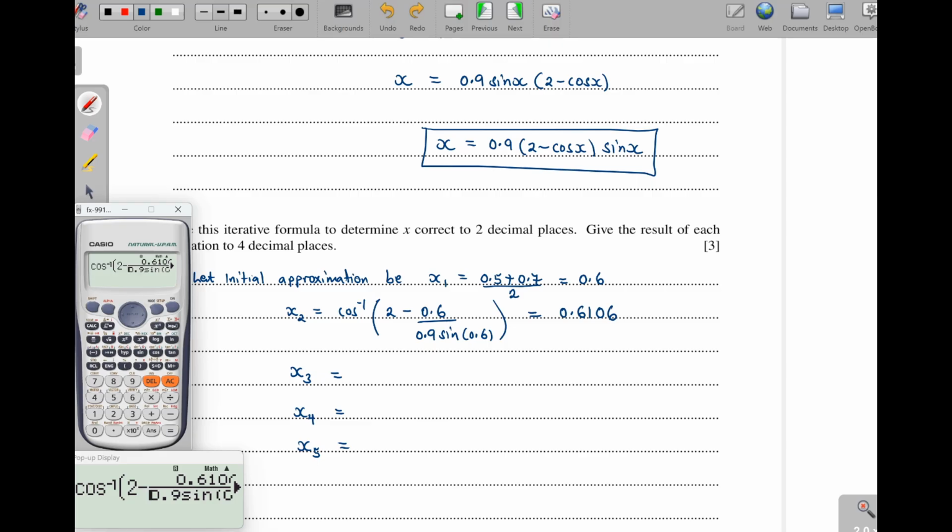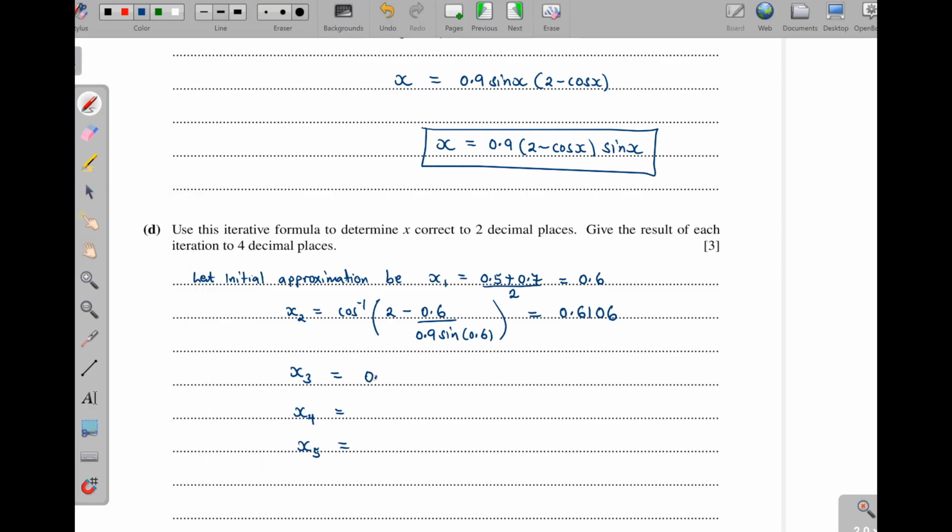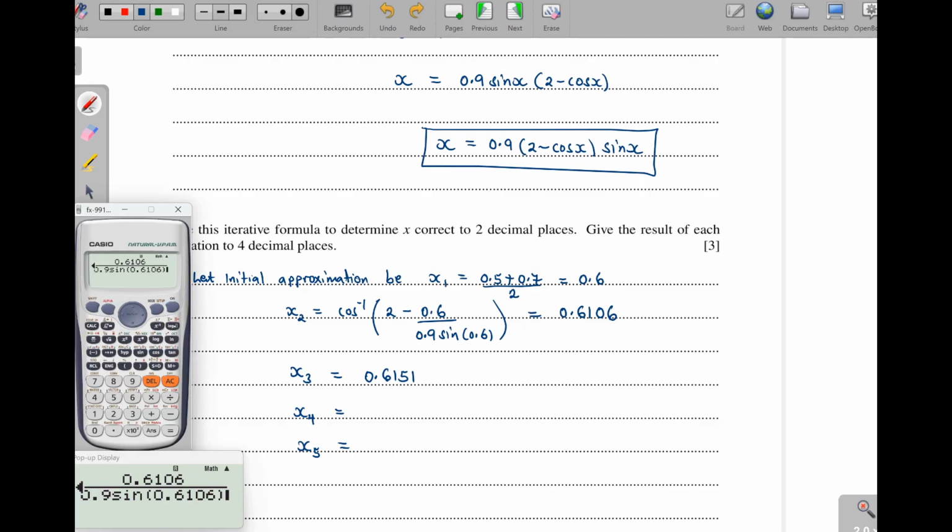Then also down here, I'll do the same, 0.6106. So we get 0.6151 to 4 decimal places. Then we continue, put this one in here, 0.6151. Then also up here, 0.6151.